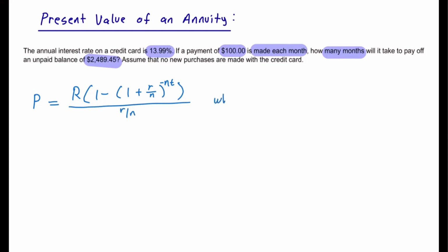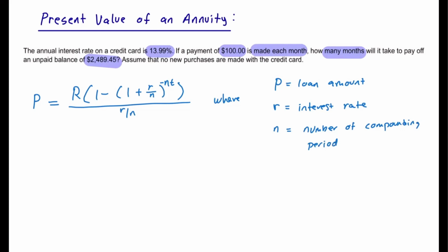So in this formula, we're going to be using P to be the loan amount or the unpaid balance, and the little r is your interest rate in decimal. And then the little n is the number of compounding periods, and in this problem it's going to be 12.